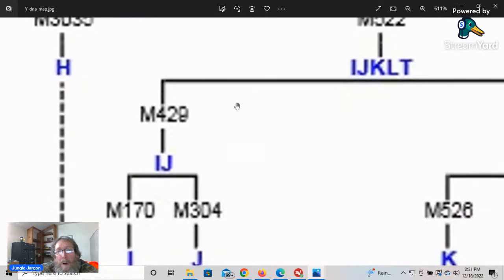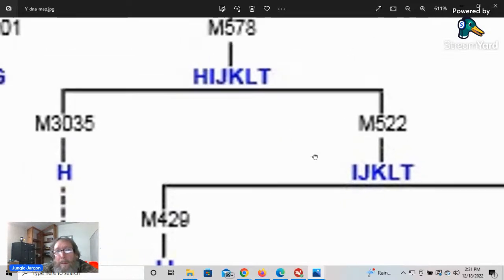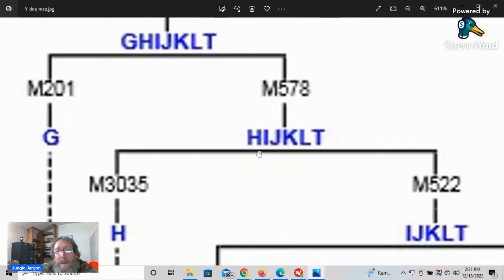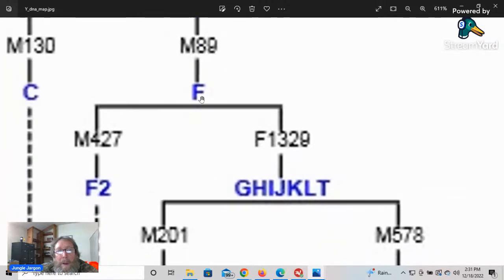So Arpachshad shares this marker M522 with his uncle Japheth, which is then lost to his younger brothers, Elam, Asher, and Aram and Lud.